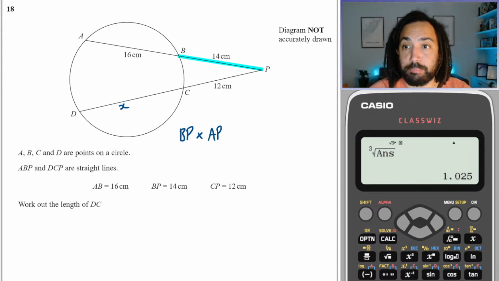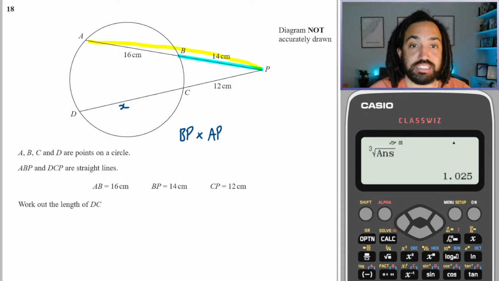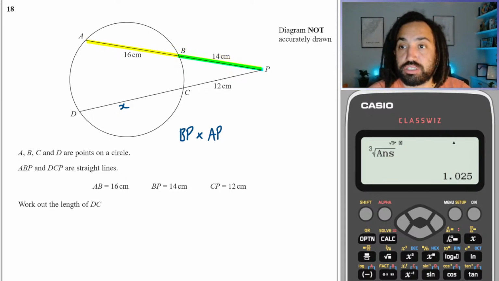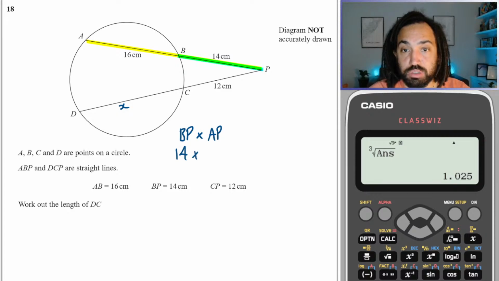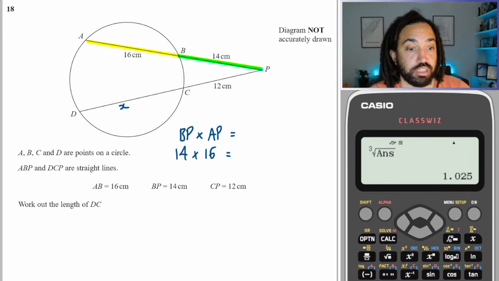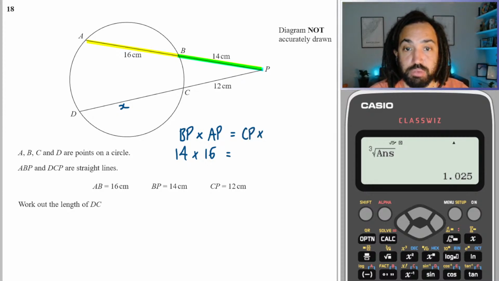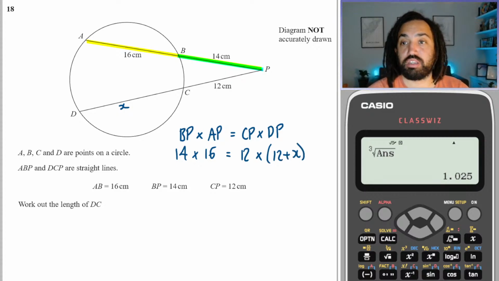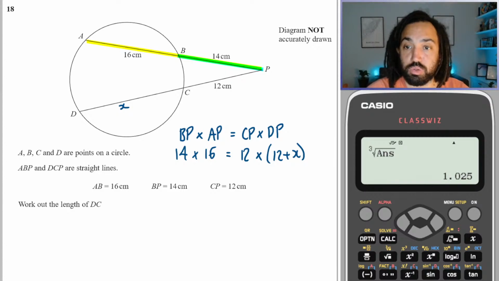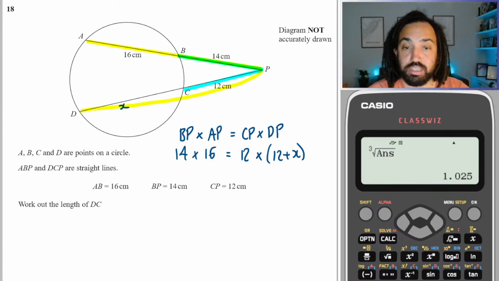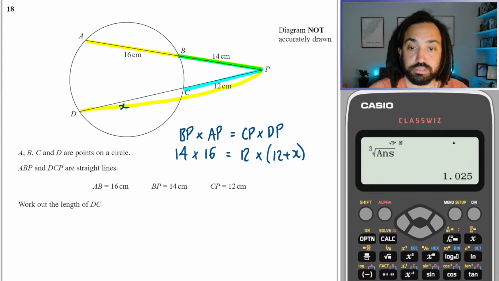So it's this one, and it's that one. So that will be 14 multiplied by 16. And now that's equal to the same thing on the other side, which is C to P multiplied by D to P. So that will be 12 multiplied by 12 plus x. So again, it's so important that you make sure that all the distances you use are from P. So that's 12, and a lot of people just times that by x, but it's not. It's the distance from P, which is x plus 12, like so.